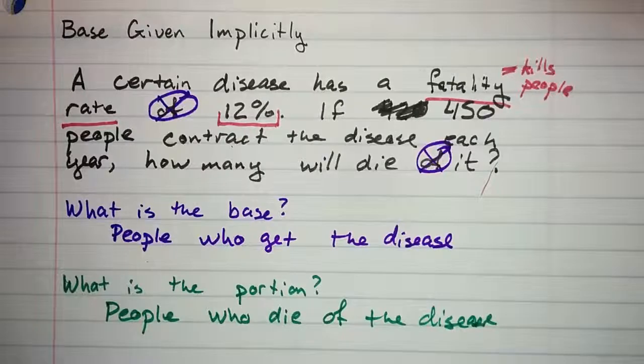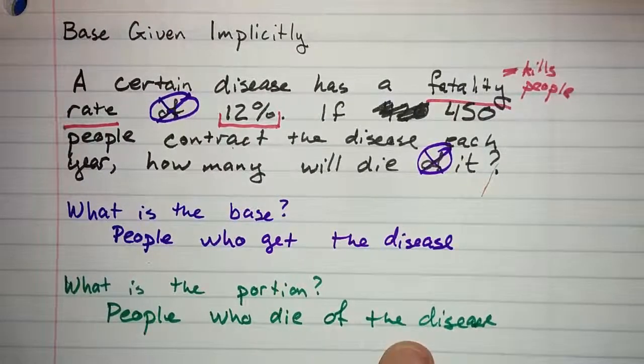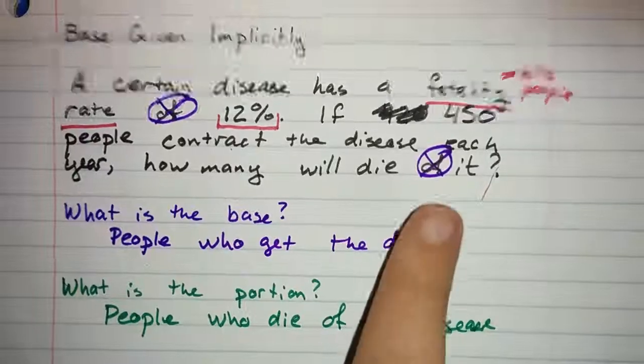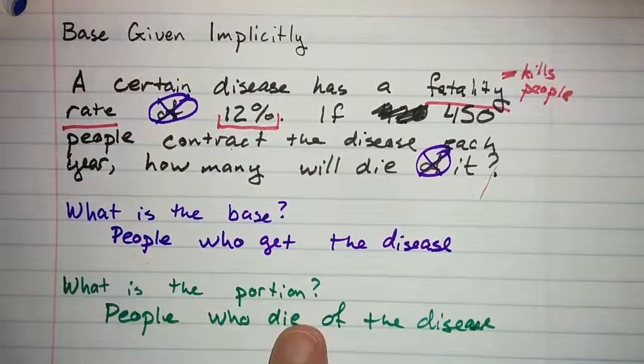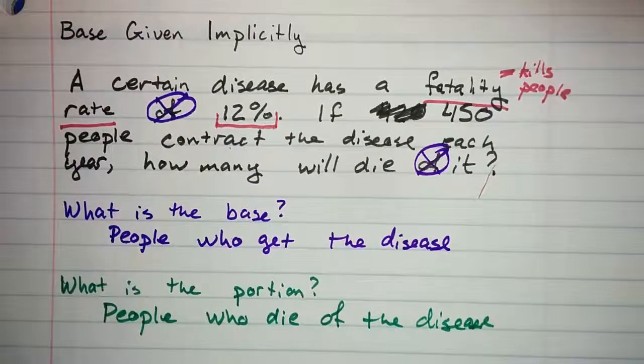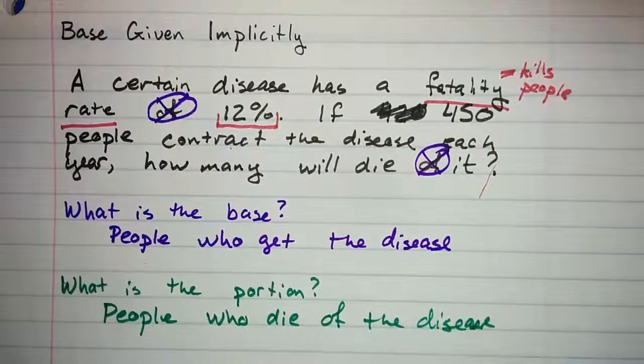Okay, that makes sense, right? Out of the people who get the disease, some of them will die of it. Fatality rate refers to what portion will die out of all who get it. Now, maybe we need some background knowledge about what a fatality rate refers to figure that out.